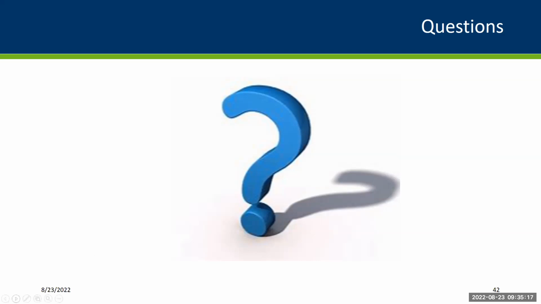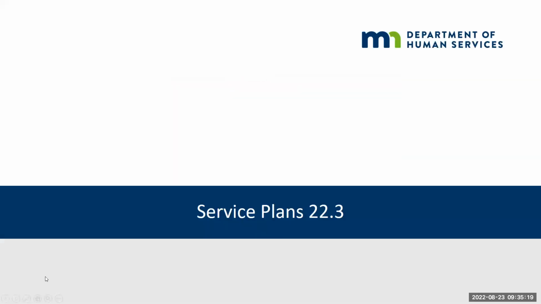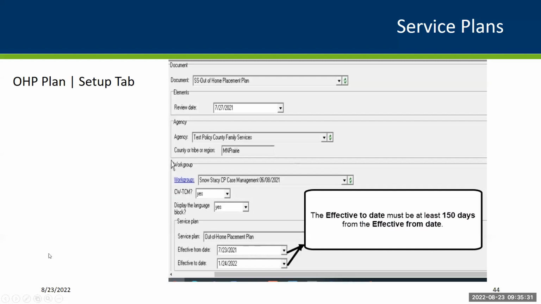Okay, well, moving on to one of everyone's favorite topics, service plans. Now that I got you all worked up and perked up and ready to see what we have going on with service plans, I'm going to have to tell you there's not a huge change, but we do have one change that is going to impact whether or not workers are allowed to continue on and actually create the service plan.